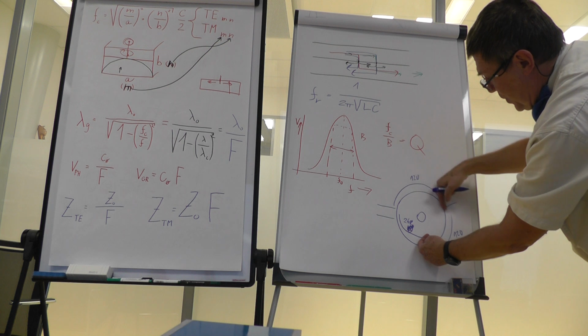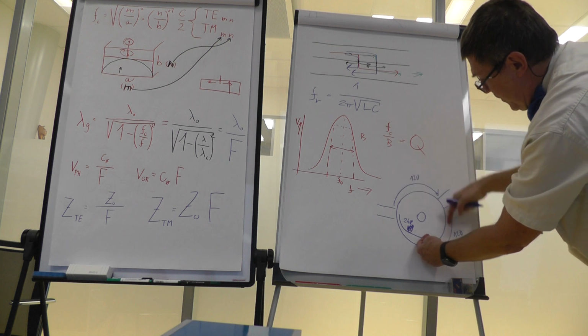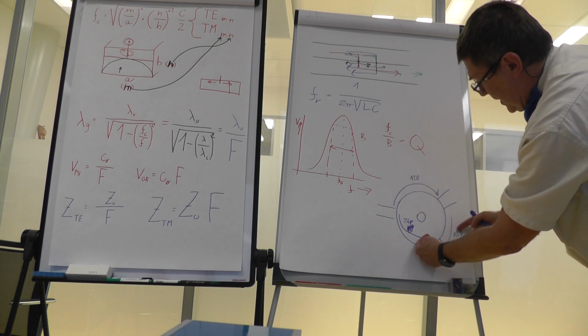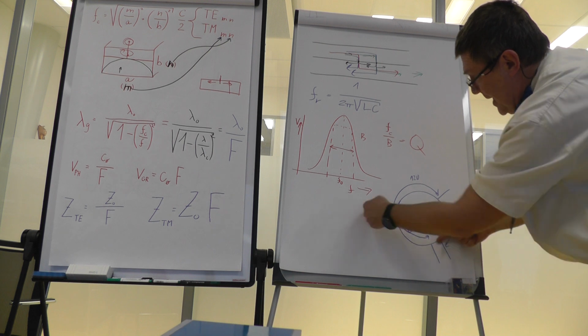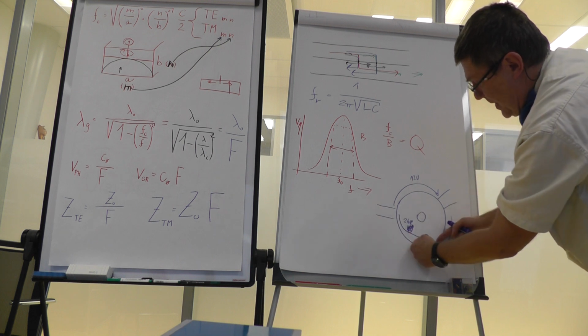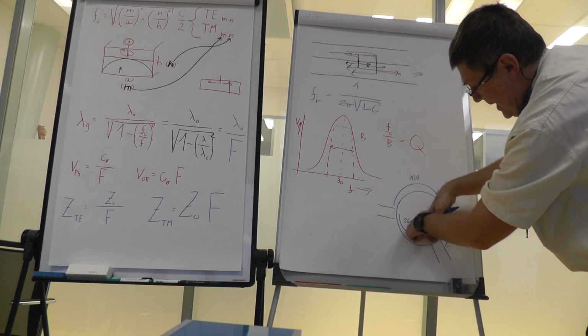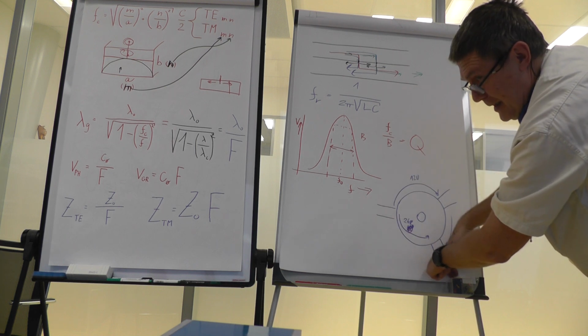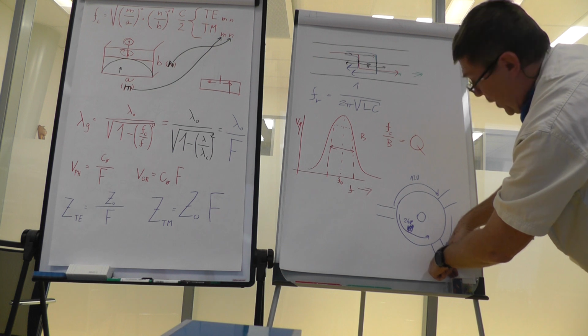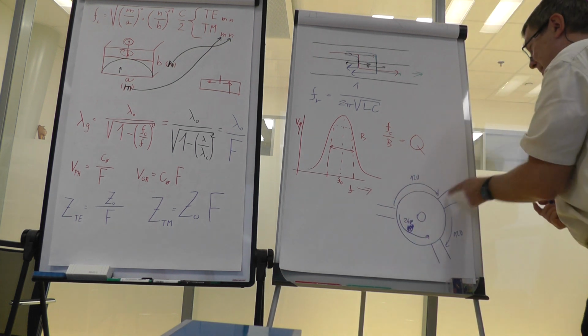One is running this way and makes 240 degrees, 120 and 120, and gets here. The other makes 240 degrees within this branch, so both waves have the same phase and they can get out by this port.